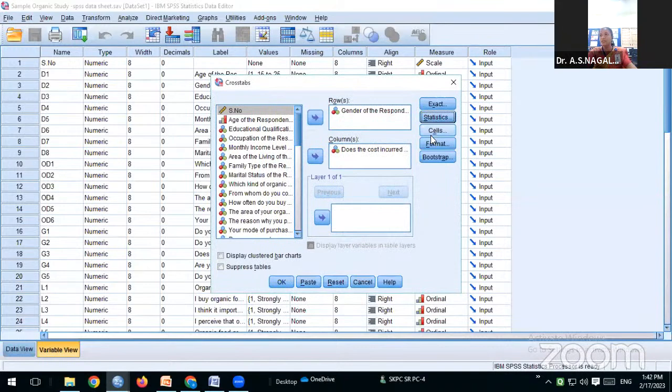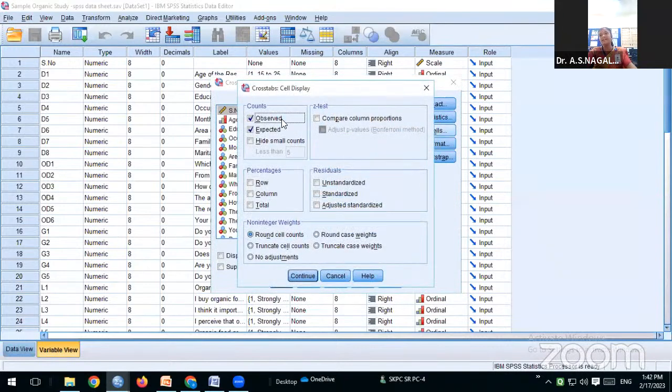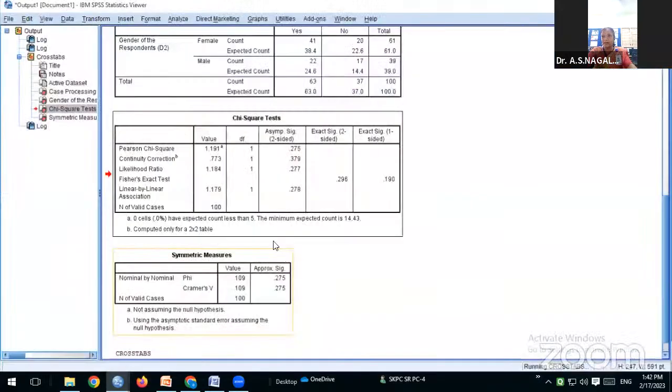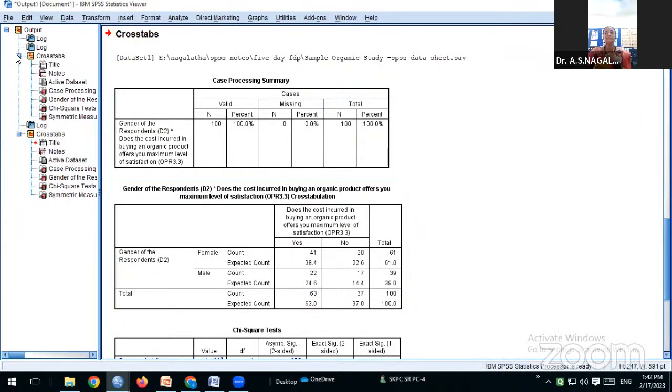I have given Continue. In Cells, I have taken observed and expected frequency. Continue. In Format, it will be default ascending order, which the SPSS system follows. So give Continue.